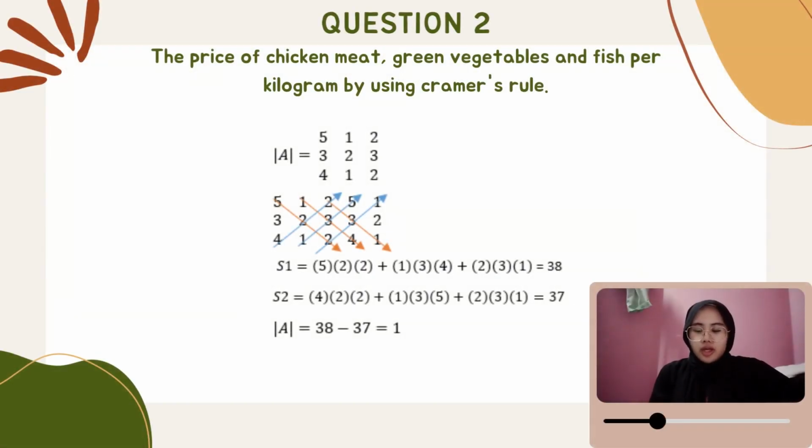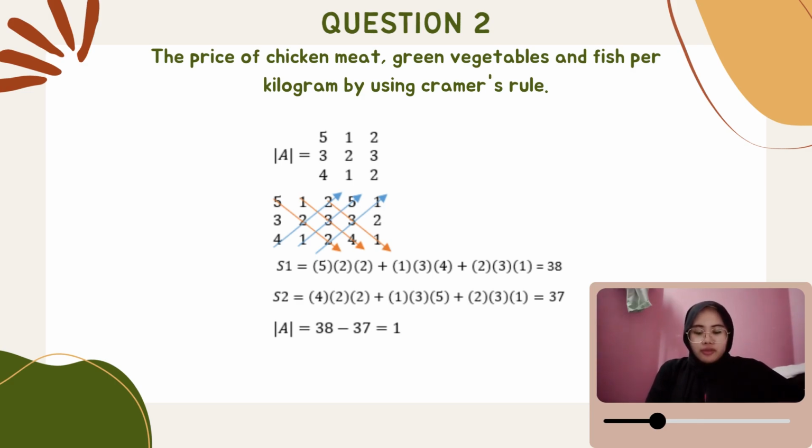Question 2. We are required to find the price of chicken meat, green vegetables, and fish per kilogram by using Cramer's rule. First, we have the matrix of 5, 1, 2, 3, 2, 3, 4, 1, 2. To do Cramer's rule, we have to copy the matrix and rewrite the first two columns on the right hand side, which will result in the matrix shown.